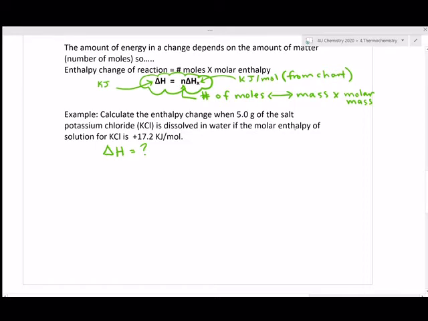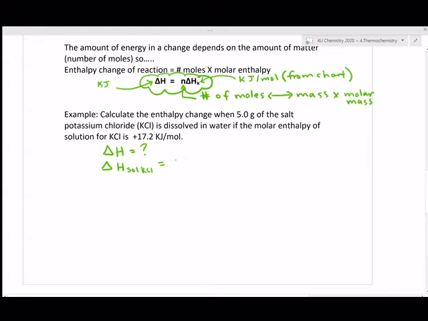They gave us the molar enthalpy of solution. So these are different. Notice our delta H was kilojoules and our delta H X, or molar enthalpy, was in kilojoules per mole. So this, we're actually going to replace the X and we're going to put solution and we're going to put KCl. That's not very neat. There we go.